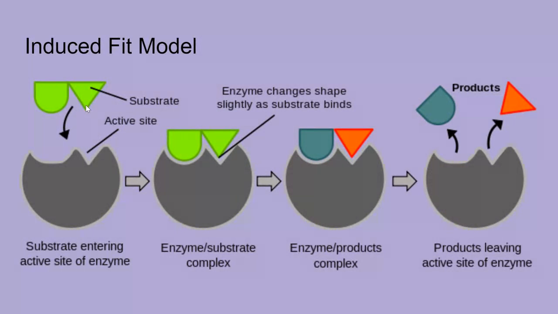So what's going to happen is that when the substrate gets close to the active site, the enzyme will change shape very slightly so that the substrate can bind into the enzyme. Then the reaction takes place, the products are released, and the enzyme goes back to its original shape so that it can be reused. And it'll change shape again when a new substrate comes near. It'll change shape to grab onto that substrate, to bind to it, and then allow the reaction to take place. The products are produced, and then the enzyme is reused.